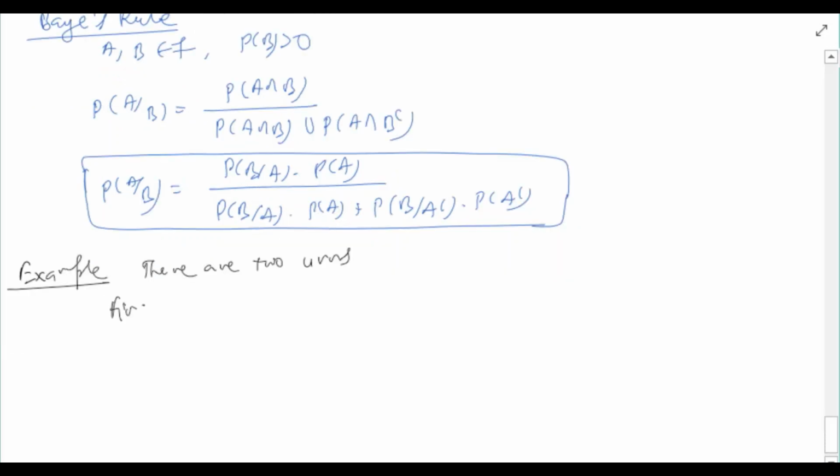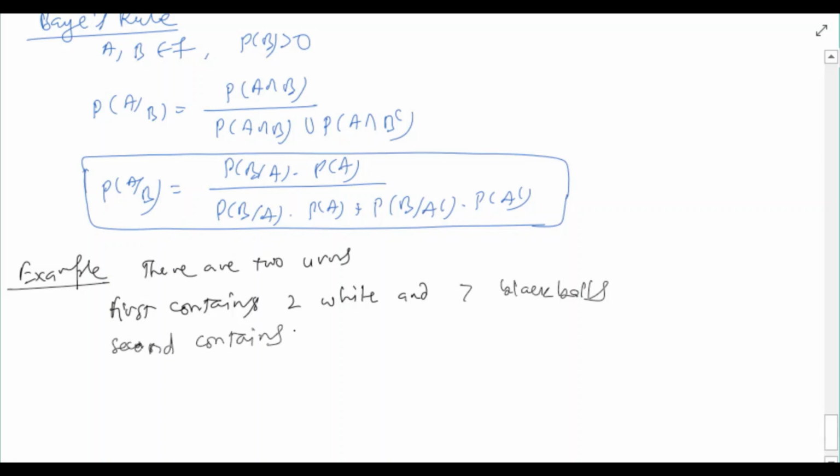First contains 2 white and 7 black balls, whereas the second one contains 5 white and 6 black balls.